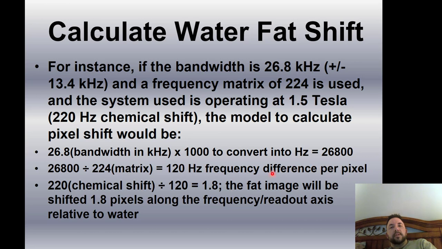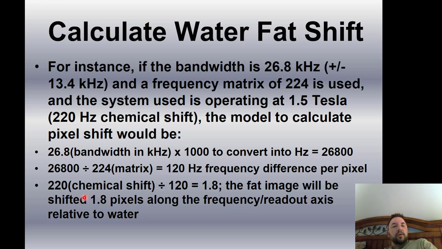This is how Siemens denotes bandwidth. And if you just do 26.8 kilohertz, that's how GE terms your bandwidth. Now 220 chemical shift divided by this 120 hertz equals 1.8. That's your answer. The fat image will be shifted 1.8 pixels along the frequency or readout axis relative to water.